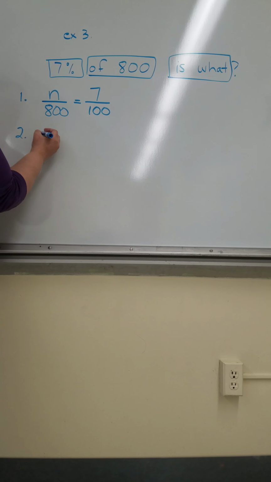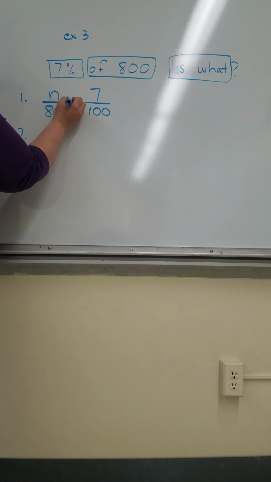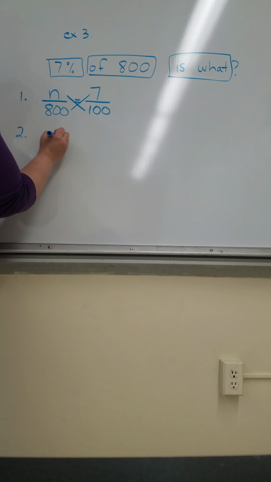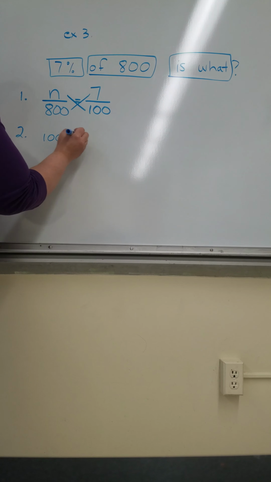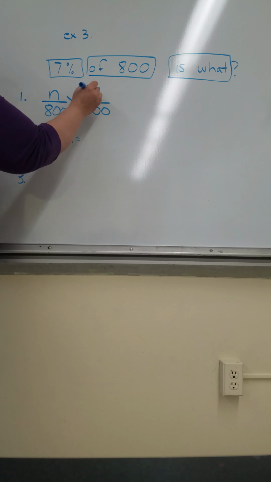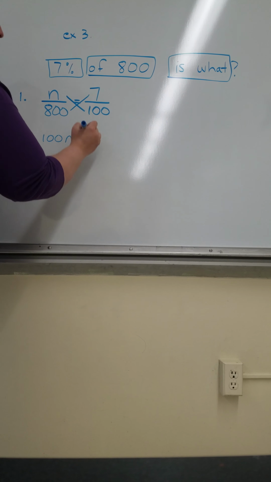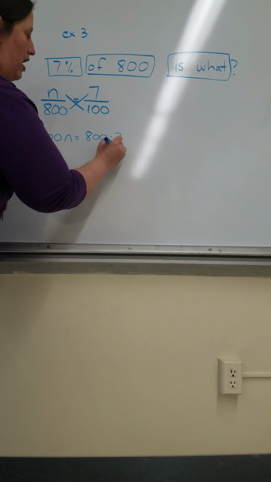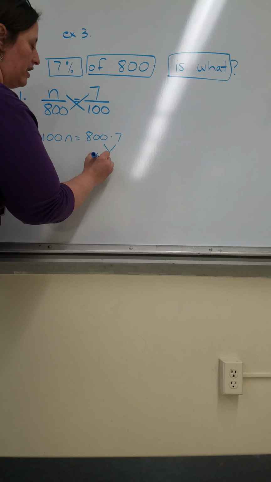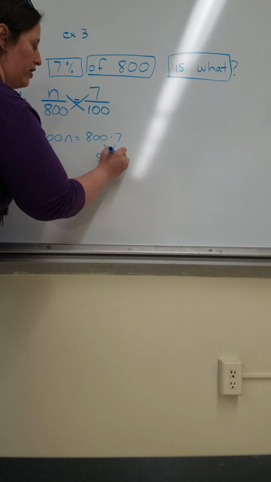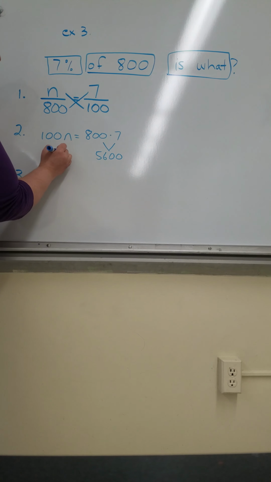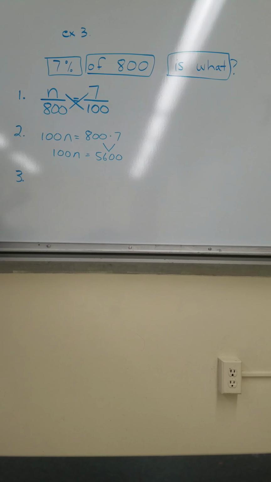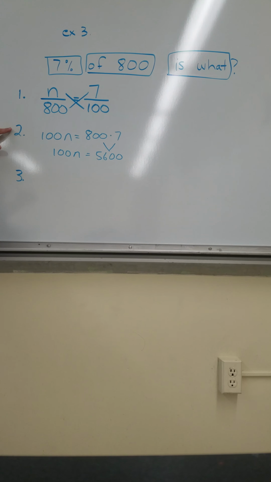Step 2, remember, is cross multiply. So n times 100 is 100n equals, let's figure out what 800 times 7 is. 800 times 7. All right, 8 times 7 is 56. We put our 2 zeros. So 100n equals 5,600. That's step 2.